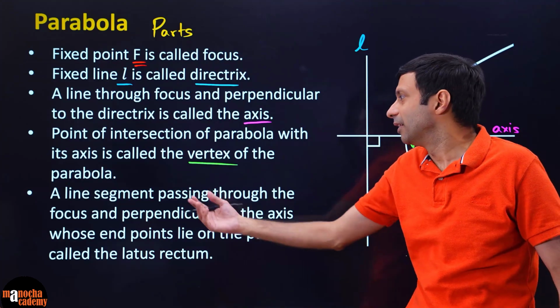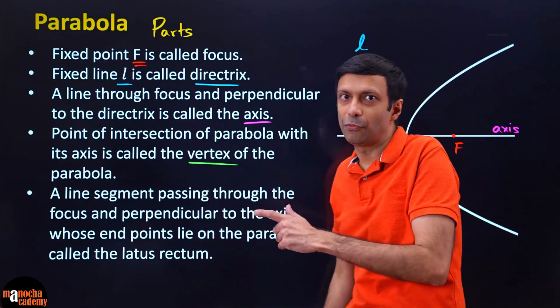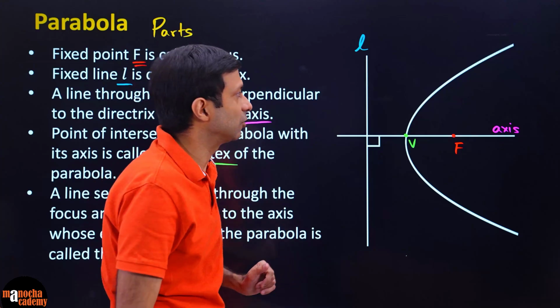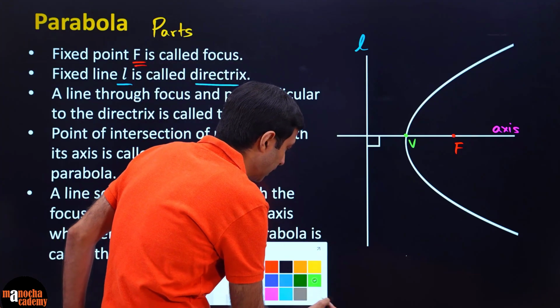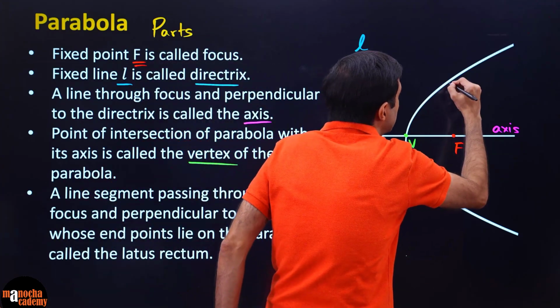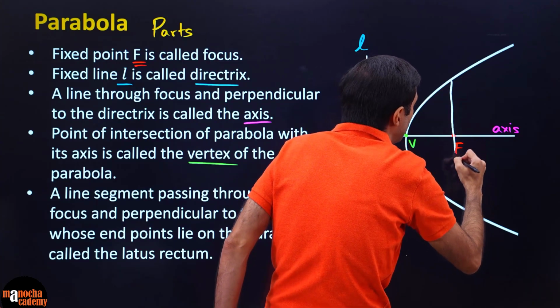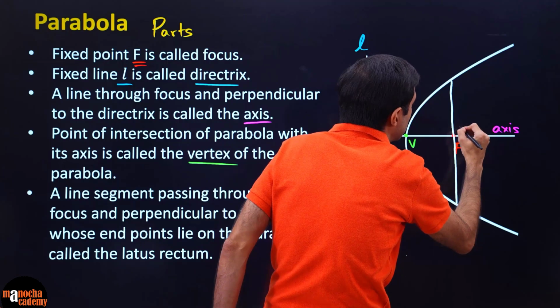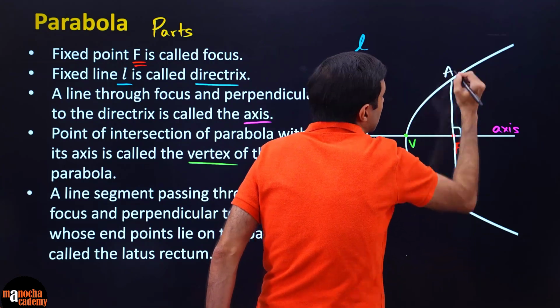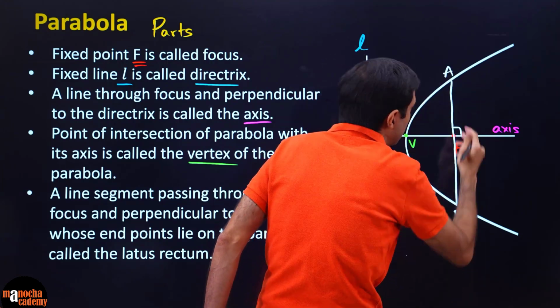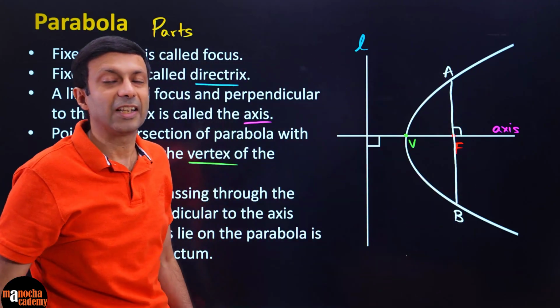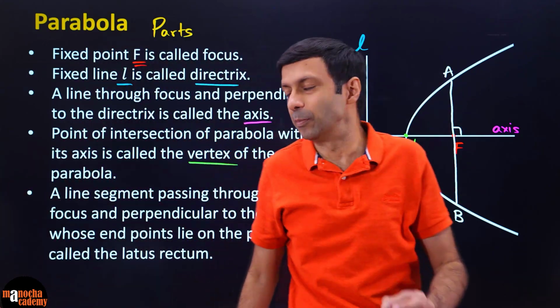And the last one, the line segment passing through the focus and perpendicular to the axis. So let's draw it. This line segment which passes through the focus and which is perpendicular to the axis. So like this. See, 90 degrees to the axis. This line segment AB, that is called the latus rectum.